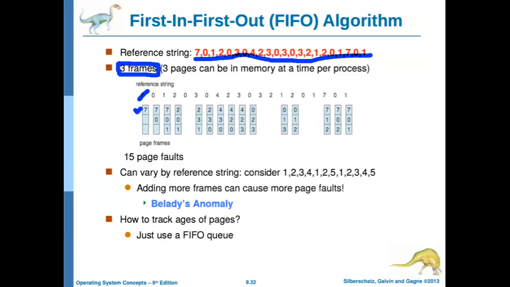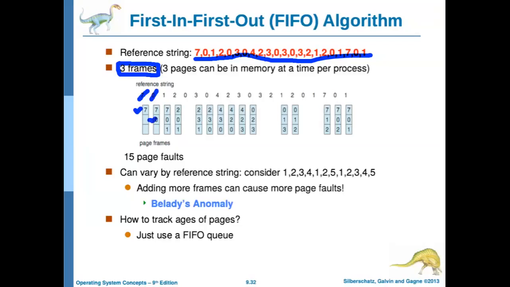Now next is 0. That is also not there. This is the current situation where the first frame holding 7 is valid, the next frame is invalid, the next frame is invalid, and only 3 frames are there. Now 0 is also not there, so that results in a page fault and it will be loaded here, right?